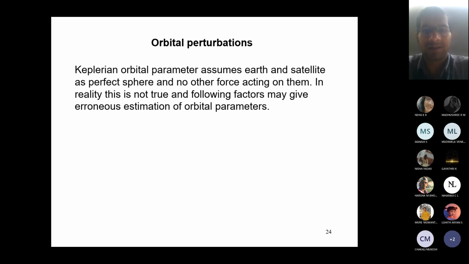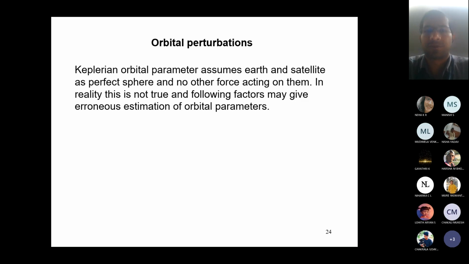But in practice, it is not true. There are many factors which can create error, which can create deviation in your orbital parameters.